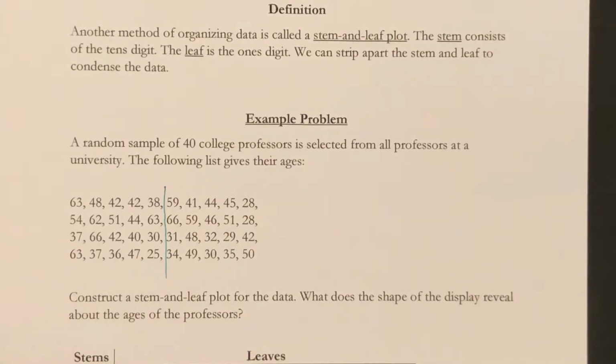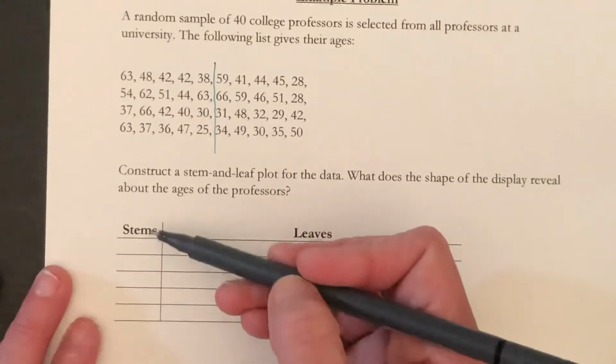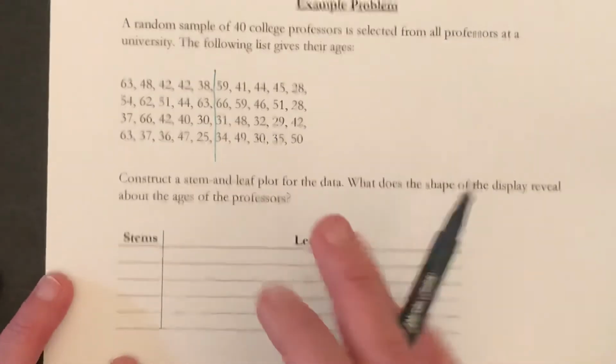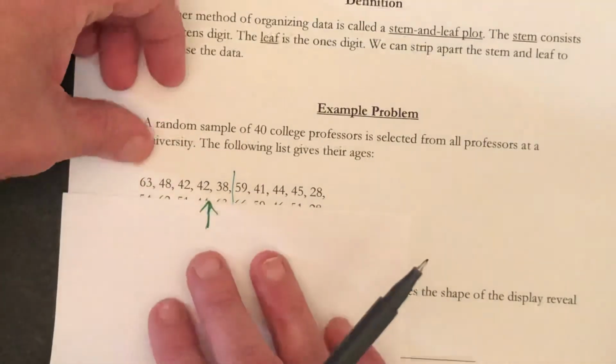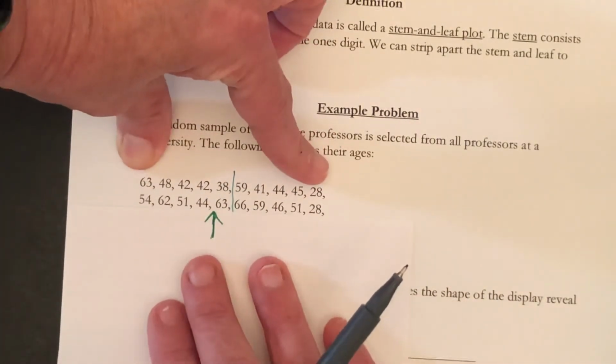First of all, right here for my stems, I'm going to write down my tens place. So I want to go through here and find the smallest tens and the largest tens. I have a 60 something and a 20 something.